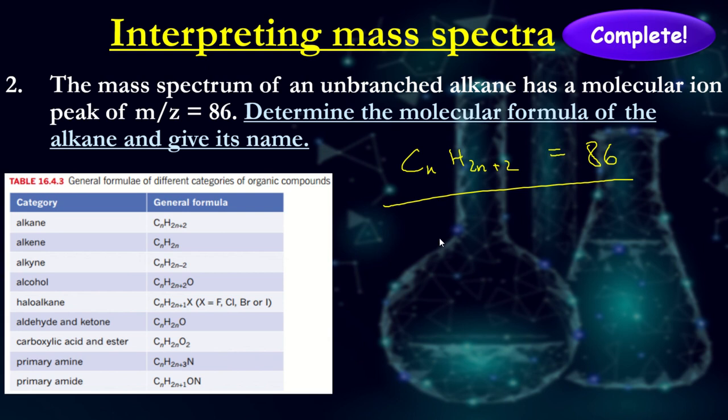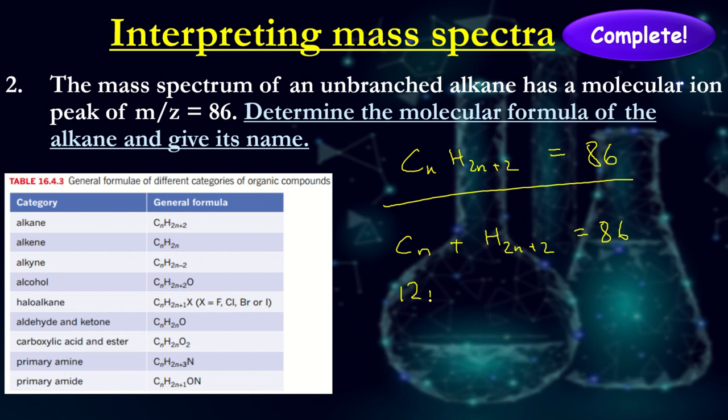The way we want to set this up is, generally speaking, the number of carbons times their mass, plus the number of hydrogens times their mass. So we sub in the atomic mass of carbon and hydrogen as whole numbers.